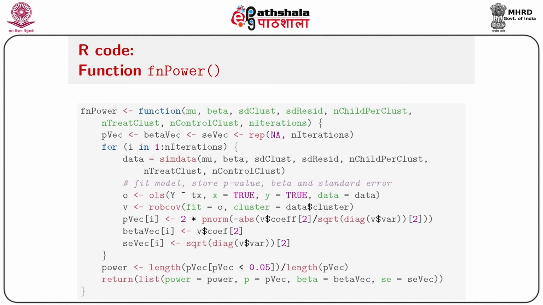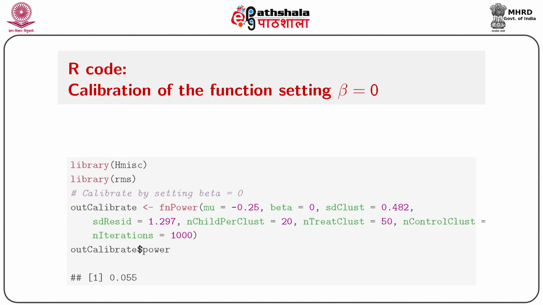That means the number of p values less than 0.05 divided by the total number of iterations. Then the returning value is power equals power, p equals p vector, beta equals beta vector, and standard error equals the standard error vector. So this is one list it will generate.